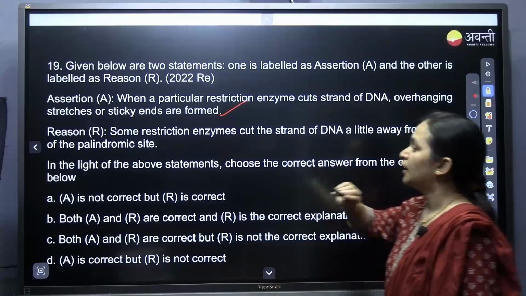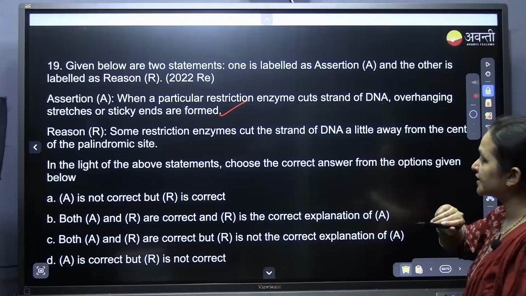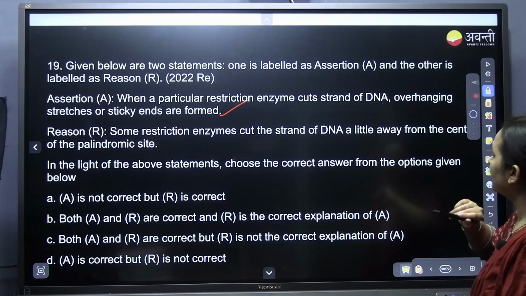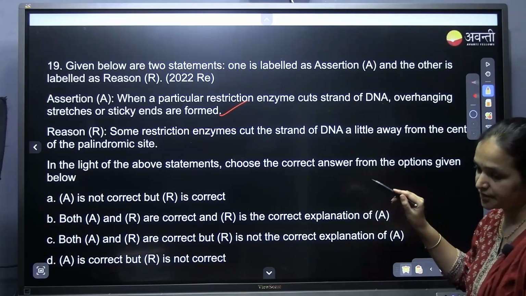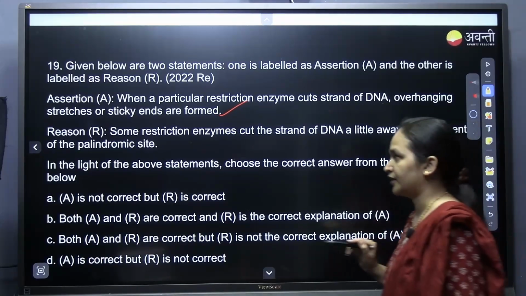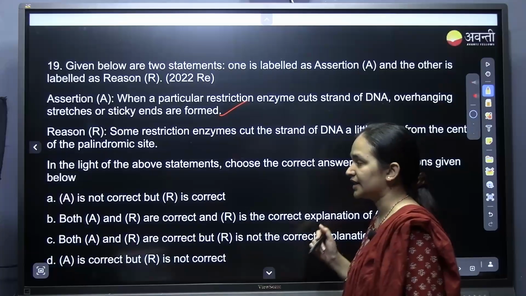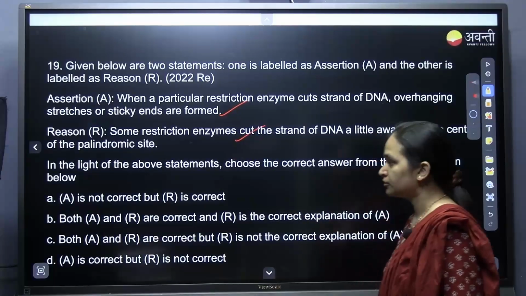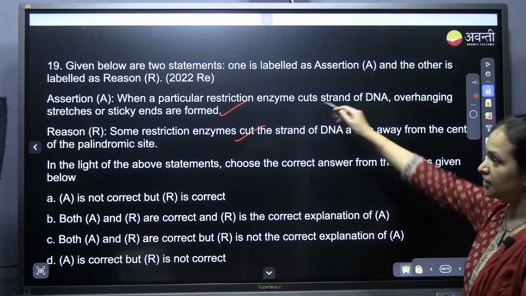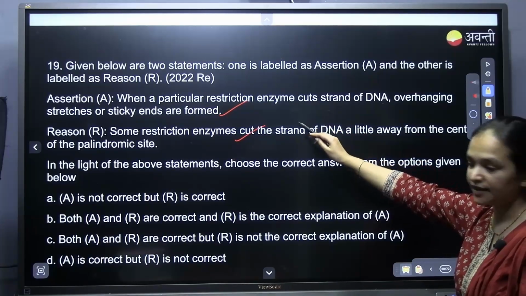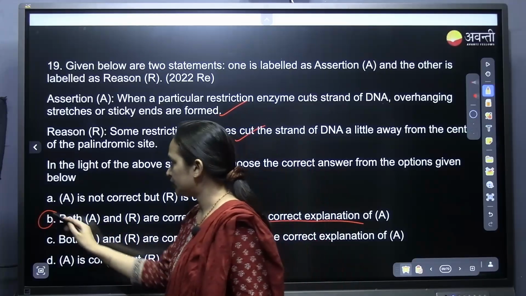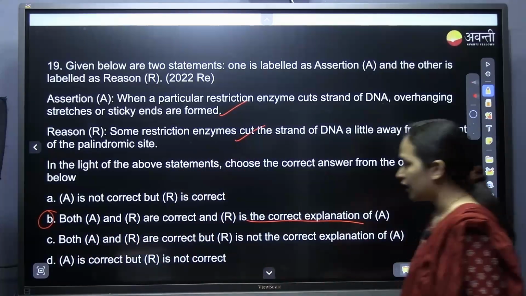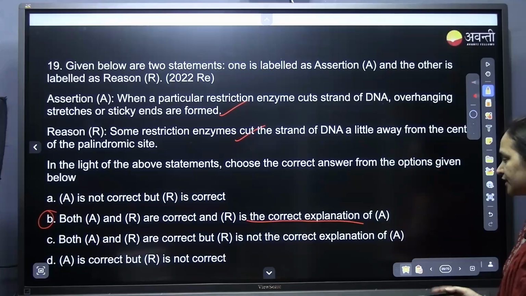Yes, because some restriction enzymes cut the strand of DNA a little away from the center of the palindromic site. That's why we get the staggered ends, or otherwise we call them sticky ends. So this is also true. Is it the correct reason? Yes, the reason explains the assertion, right? So it is the correct explanation. So we can say both A and R are true, and R is the correct explanation of A.